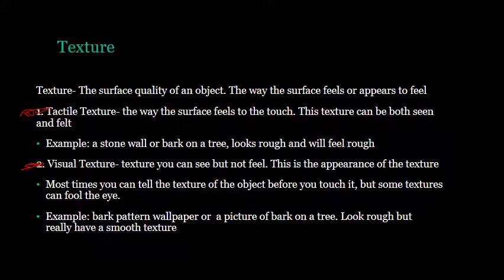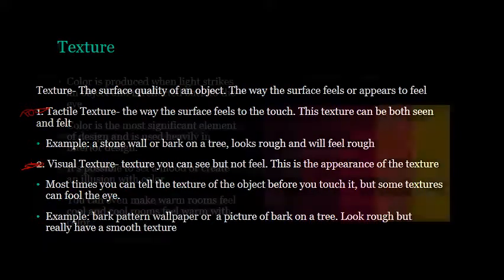If you actually touched it in real life, it would have smooth texture. So it has a visual texture. You see that rough texture, but you might not actually have the same tactile texture with it. So it's more likely to trick the eye, fool the eye a little bit. It looks like it should have texture, but it doesn't actually have that same texture in most cases.